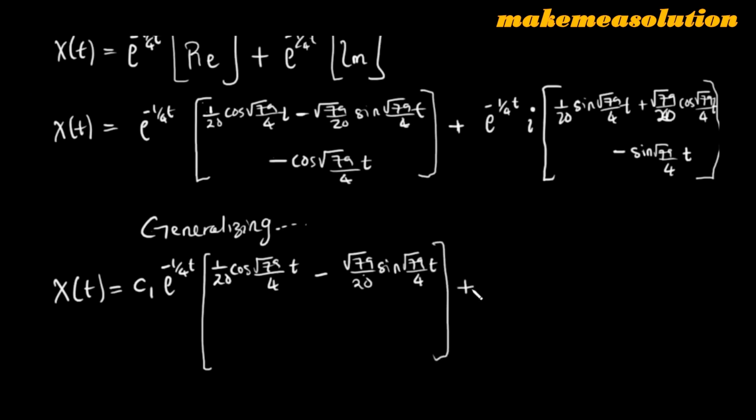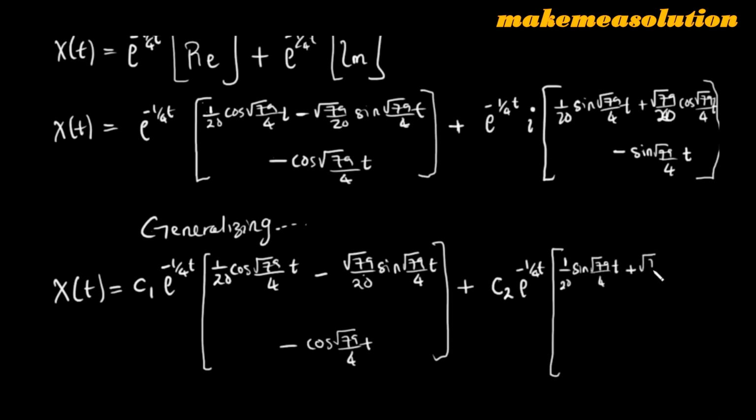Okay, then plus you have minus cos root 79 over 4t here. So plus, instead of I, you can just take an arbitrary constant. Then you have c2 exponential minus 1 over 4t, and you now have 1 over 20, then sine root 79 over 4t. Okay, then plus root 79 over 20 cos root 79 over 4t over here.